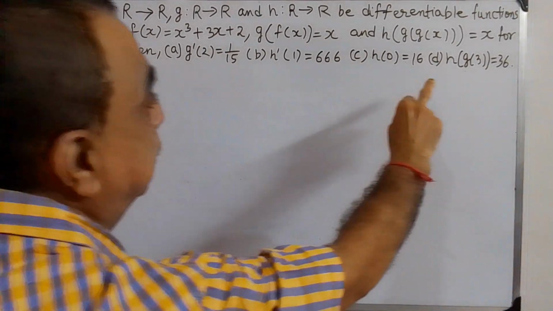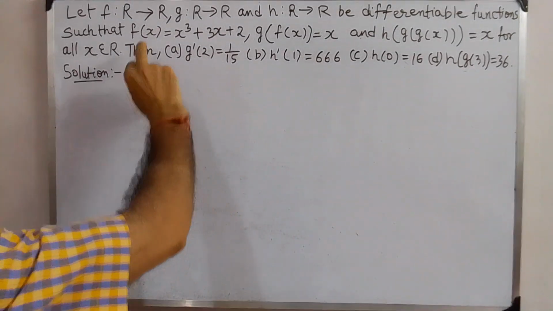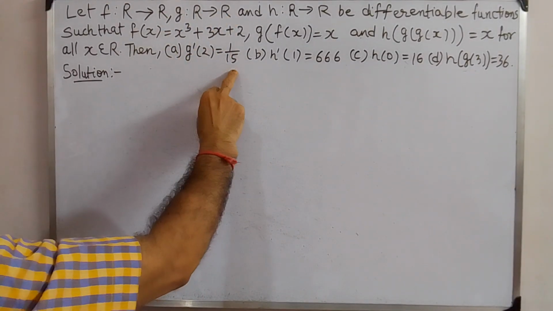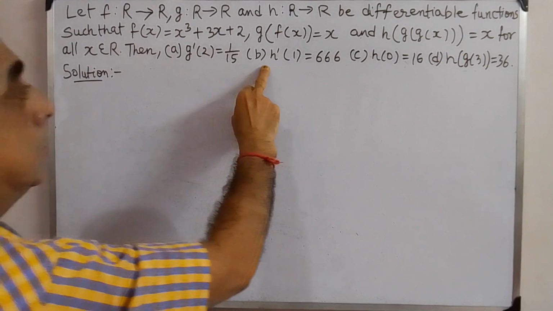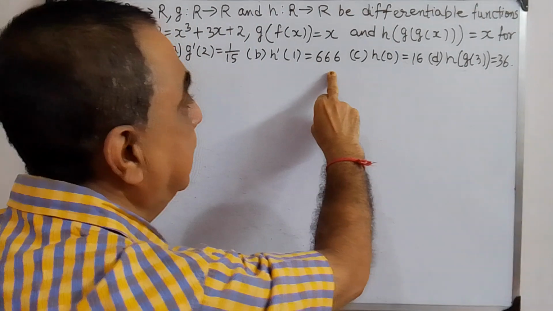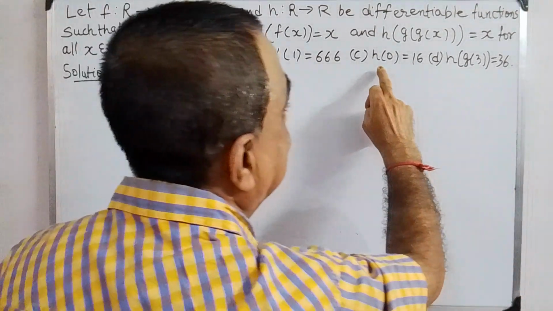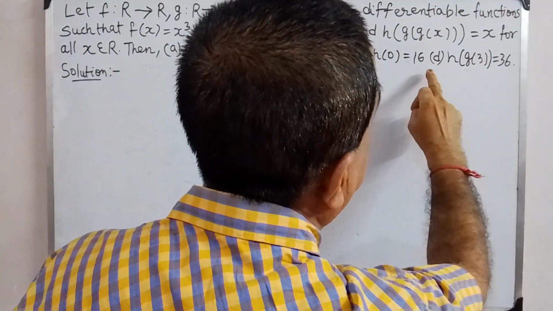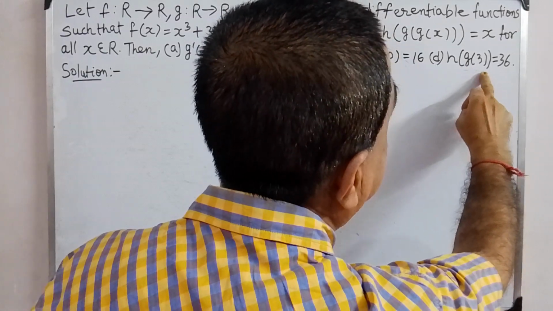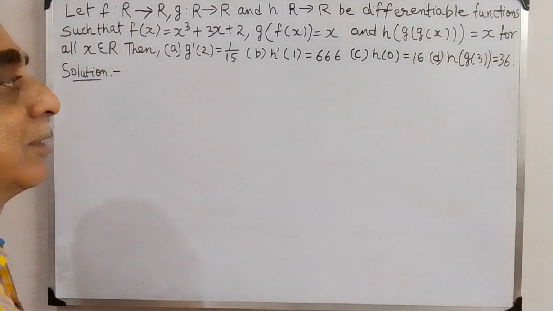Then four options are given for this question. A: g dash 2 equals 1 by 5. B: h dash 1 is equal to 666. C: h of 0 equals 16, and D: h of g of 3 is equal to 36.